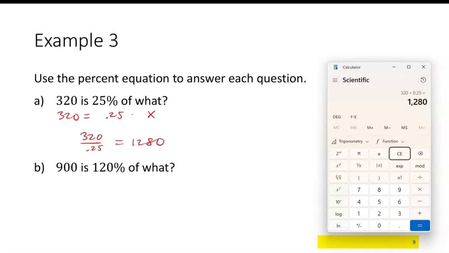And then part B, 900 is equal to 120%, which would be 1.20 times our unknown. So we're going 900 divided by 1.2, and I get 750. So 900 is 120% of 750.